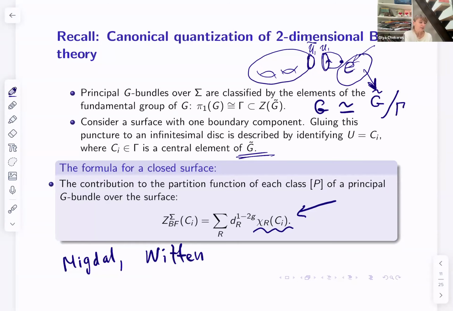And the Ci are standing for the central elements. And by quantization, I mean just this, that we can define the partition function of a quantum system.